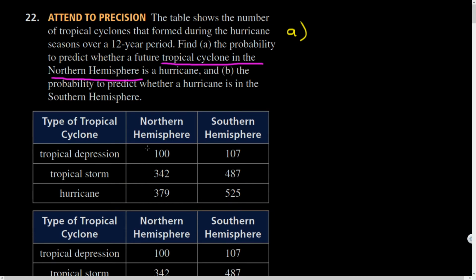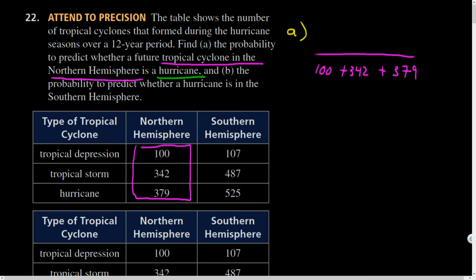Boom. All right, so for part A, this is what I'm considering. For my denominator, I've got 100 plus 342 plus 379. The numerator is which of these are hurricanes? I would be looking at just the 379.